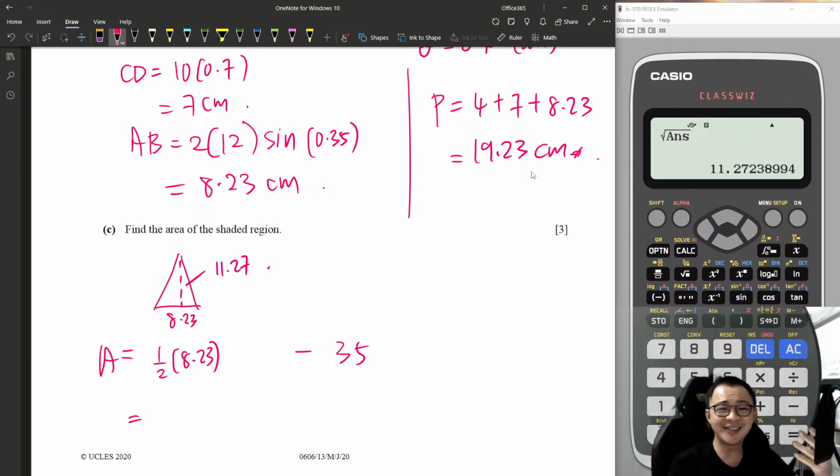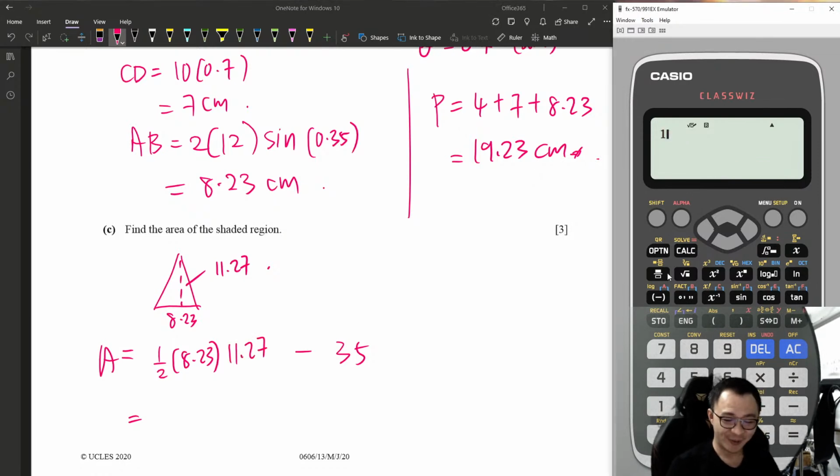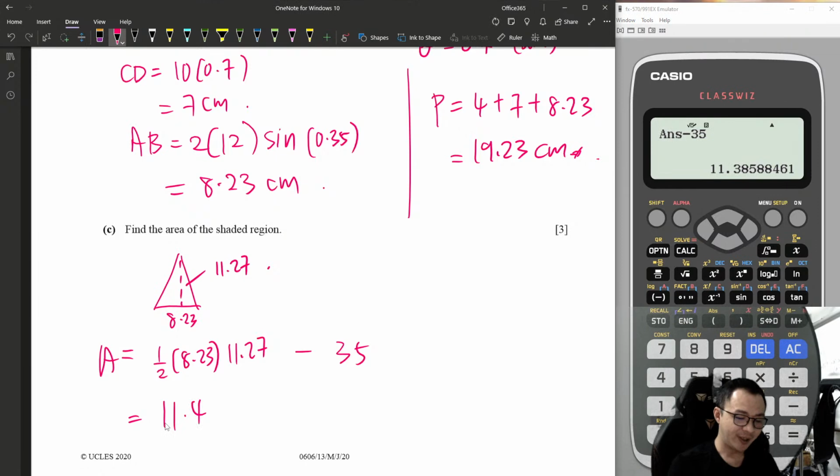Or we can just use half AB sine C. Yes, it's very smart. What am I doing? I'm dumb. Okay, so half times answer times 8.23 minus 35. Yeah, 11.4. Minus 35 is a sector, isn't it?